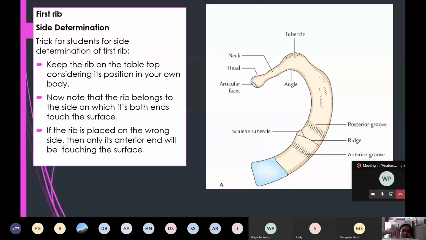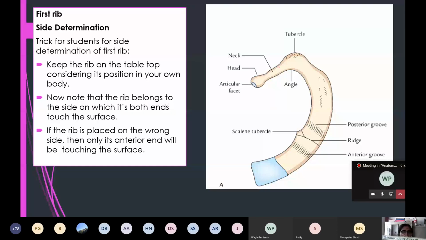Now, suppose I place it like this, can you see? In this case, I placed it upside down. You can see the external end is touching the flat surface, but the vertebral end is lifted above. If wrongly placed, only the anterior end touches the flat surface, and the posterior or vertebral end is lifted above. So you cannot say this rib is of the left side.